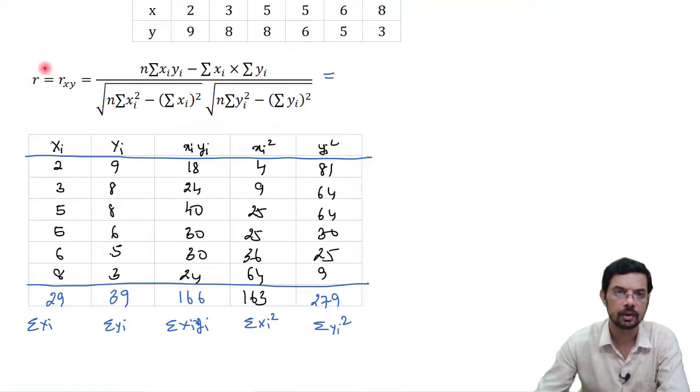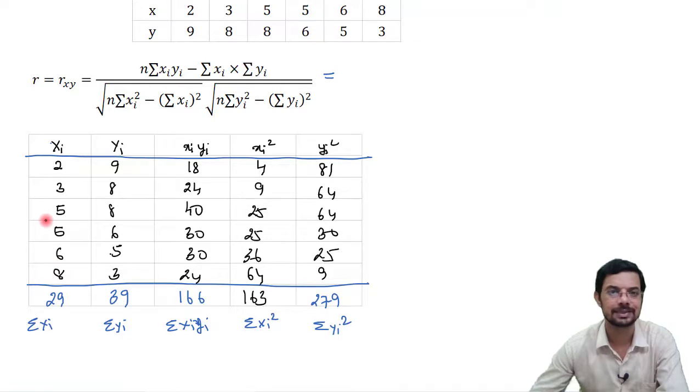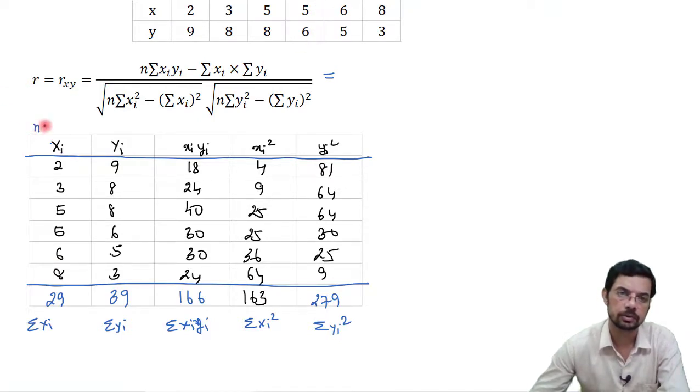What is n? N is 1, 2, 3, 4, 5, 6. There are 6 pairs, so n is equal to 6.